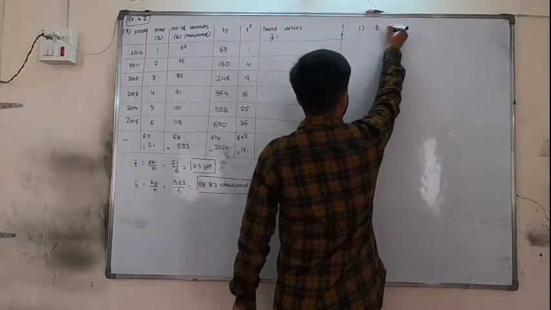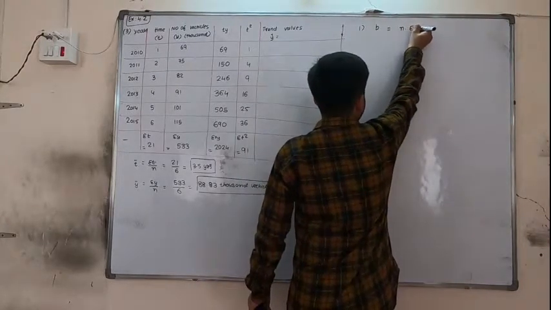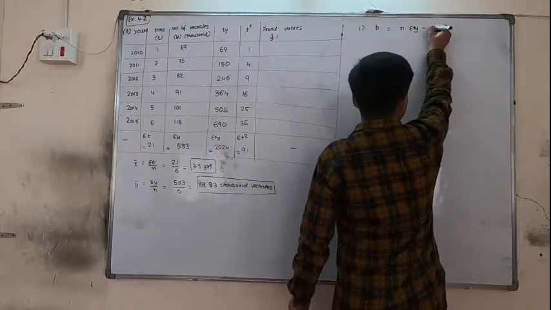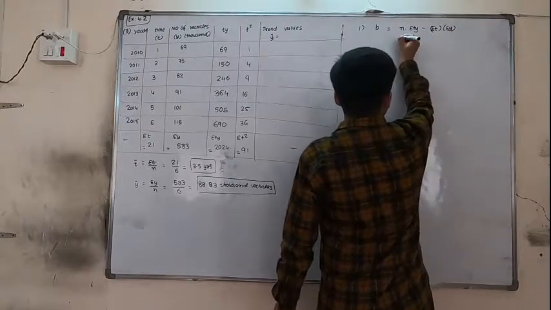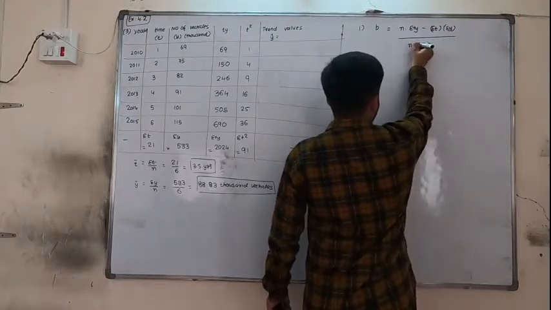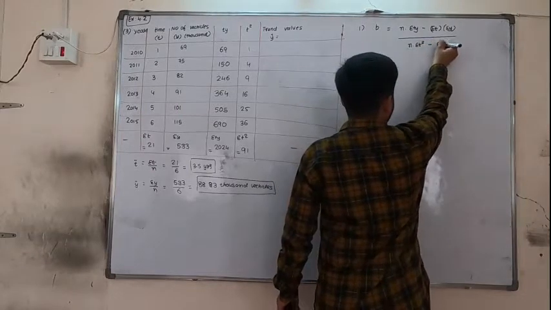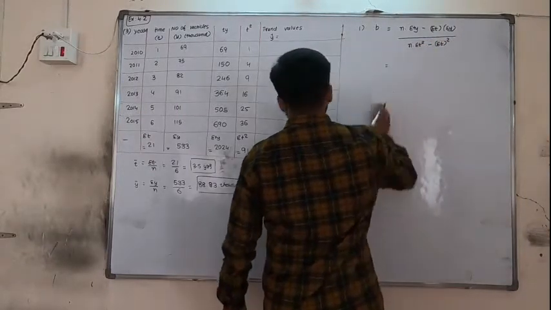First step, b is equal to n into sigma ty minus sigma t multiply sigma y, divided by n multiply sigma t square minus sigma t whole square.